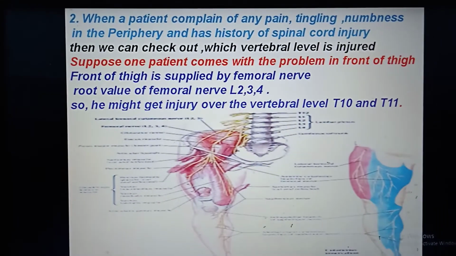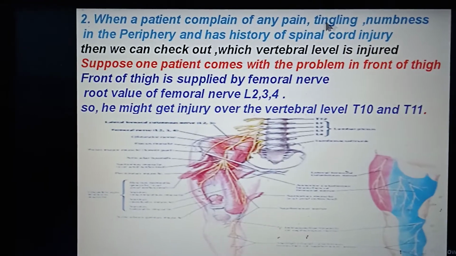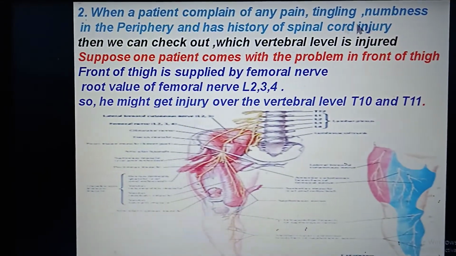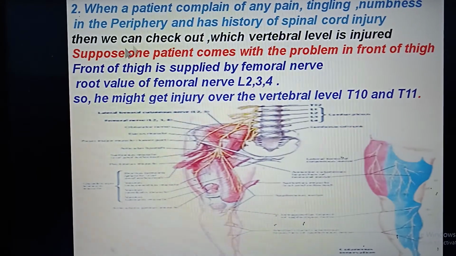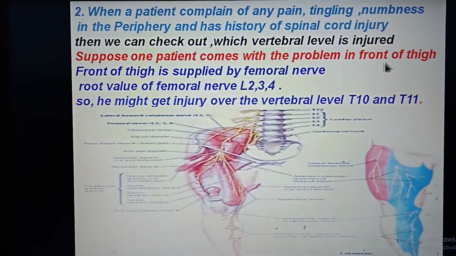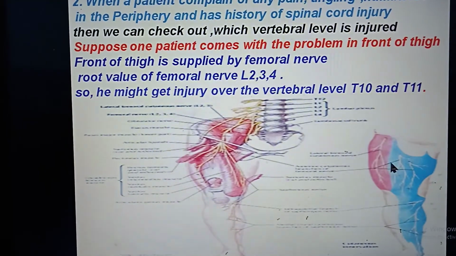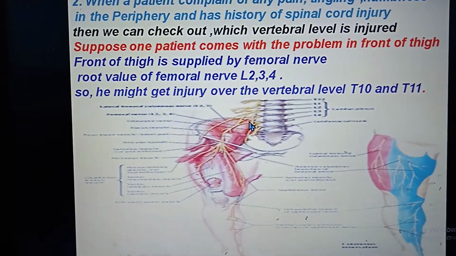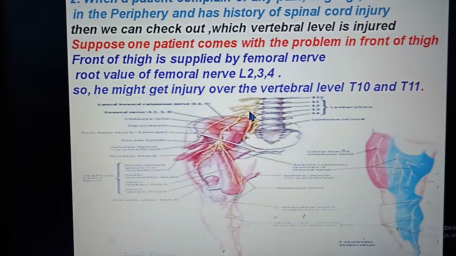Second, if a patient complains of pain, tingling or numbness in the periphery and has a history of spinal cord injury, then we can check which vertebral level is injured. Suppose one person comes with a problem in the front of the thigh, which is supplied by the femoral nerve, L2, 3, 4, posterior division. So L2, L3, L4.